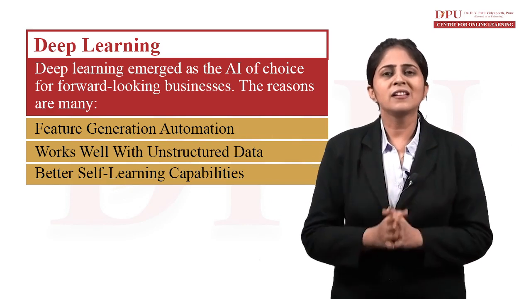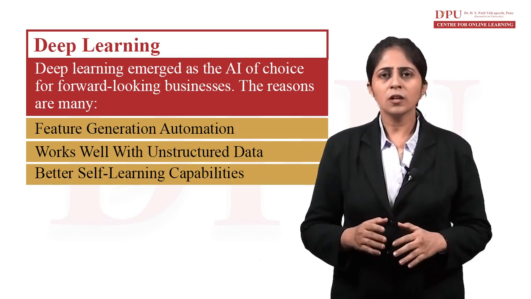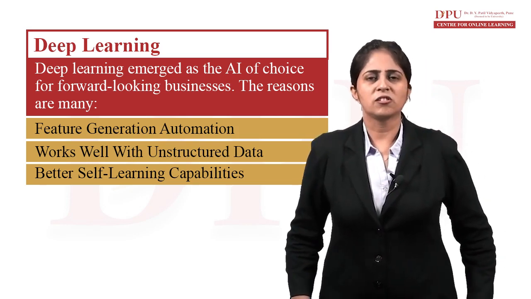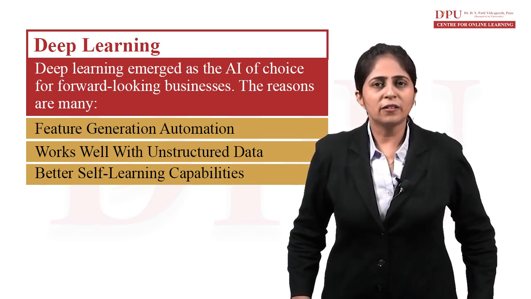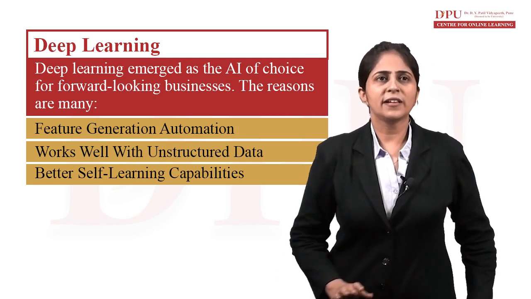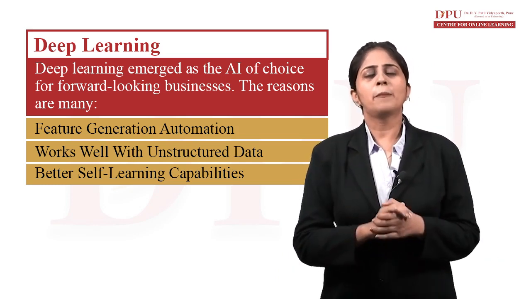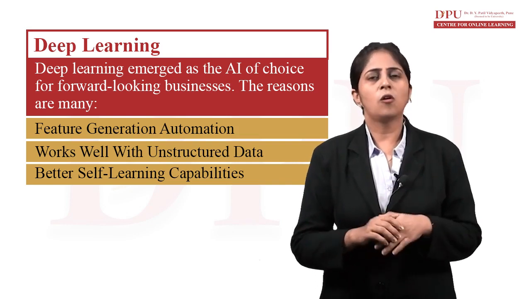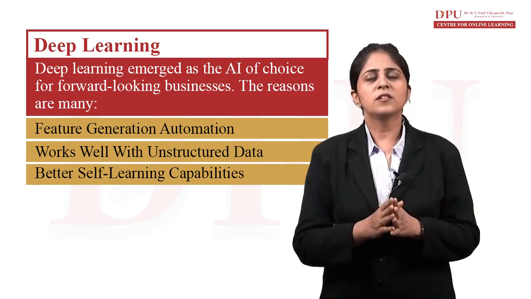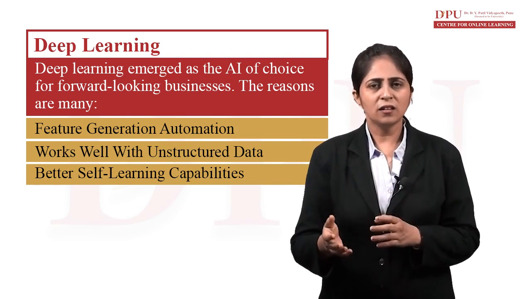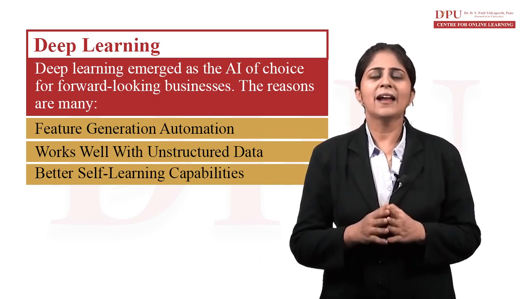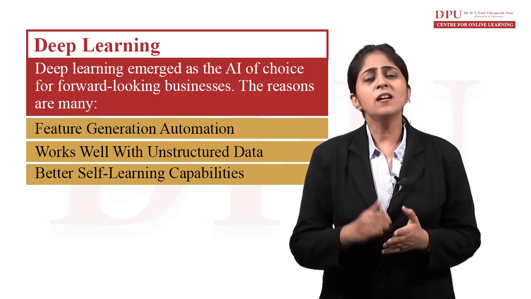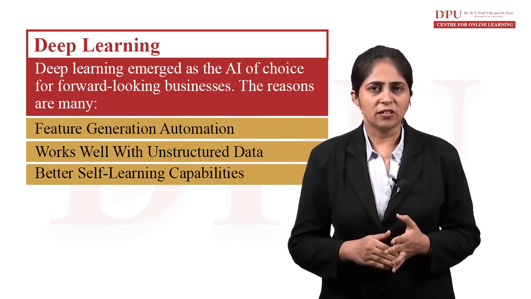Whenever we are structuring our data, we might be required to perform complex calculations. In deep learning, we have algorithms that perform all sorts of computations themselves. We just have to provide them with the data. They will process the data and deliver us the output. So we can say better self-learning capabilities.